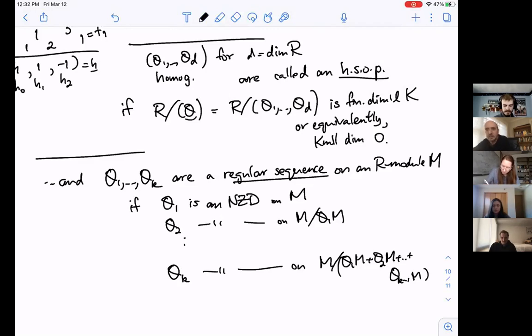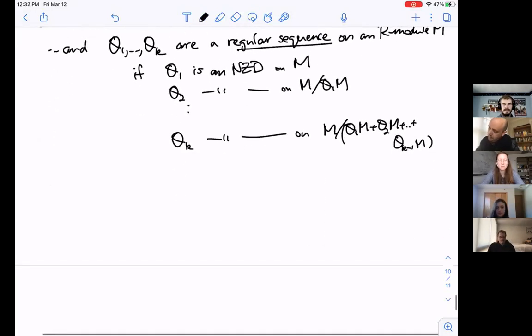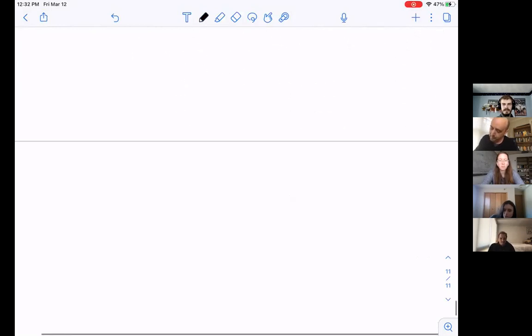And it sure looks like it depends upon the ordering in which I wrote them down, which for arbitrary commutative rings would be true, but in this graded setting, that can't happen. So we had stated something that let me put down here. Proposition.